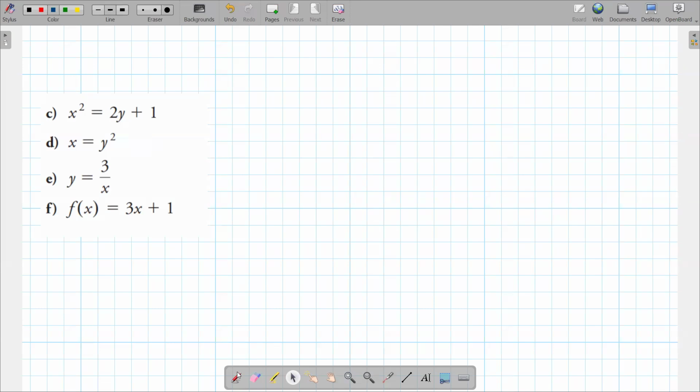But the question's asking us for the domain and range, and that's where things get a little bit tricky. So what I'm going to do is rearrange this. Tell me if you disagree. Y will be x squared. Do you agree or disagree?